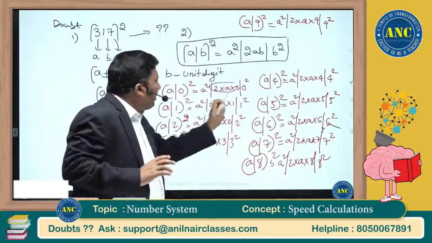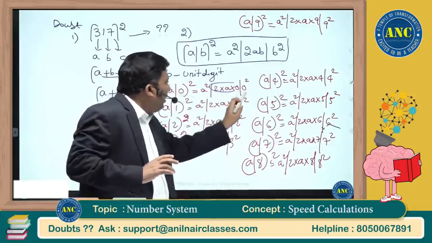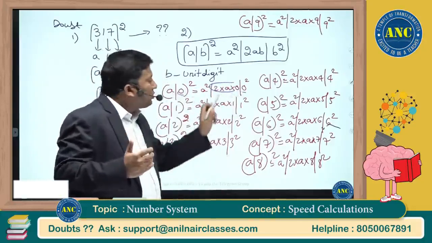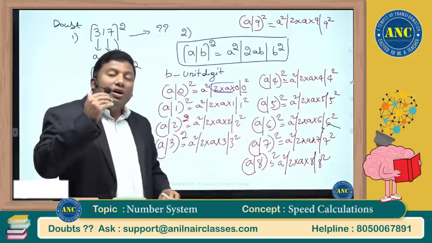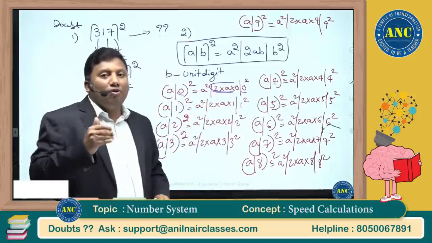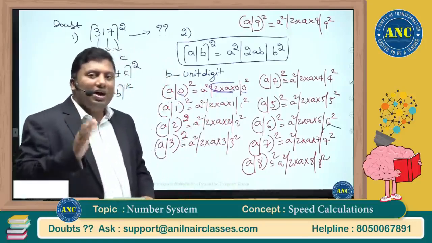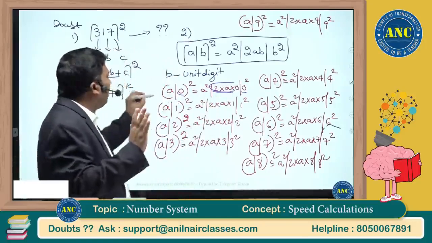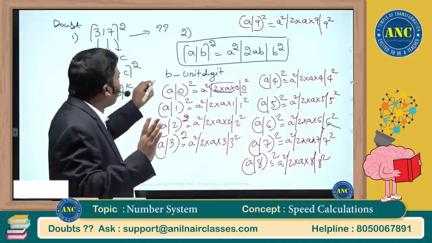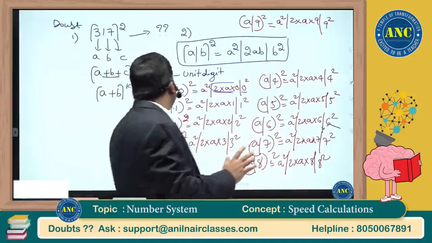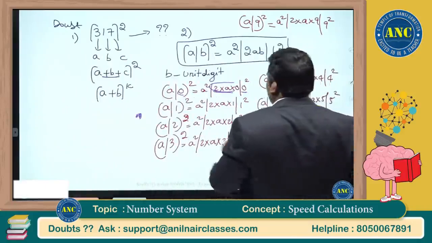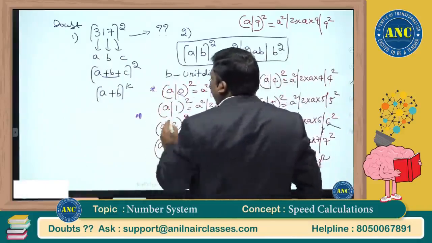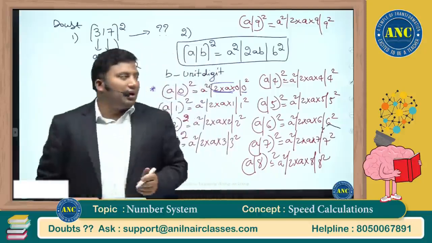So if the unit digit is 0, on squaring, not only the unit place but the tens place is also 0. 10 square is 100, 20 square is 400, 30 square is 900. A perfect square ends with an even number of zeros. I hope the first conclusion is clear to you.